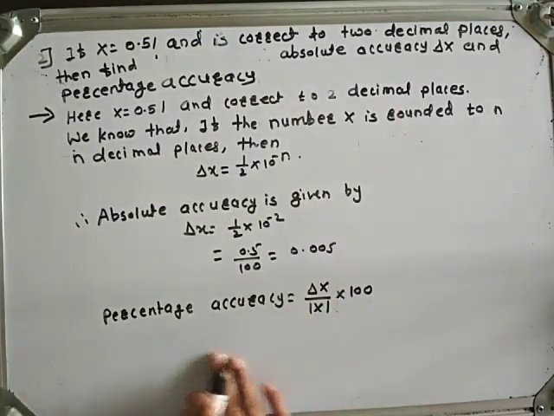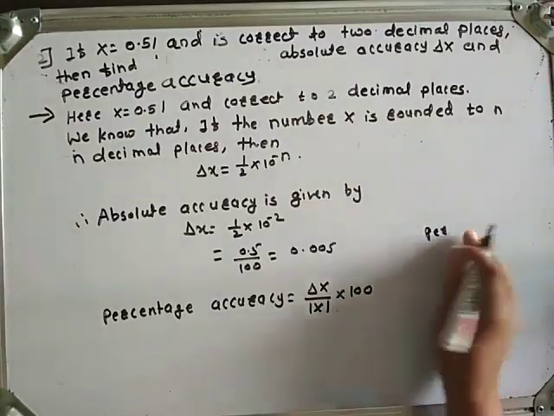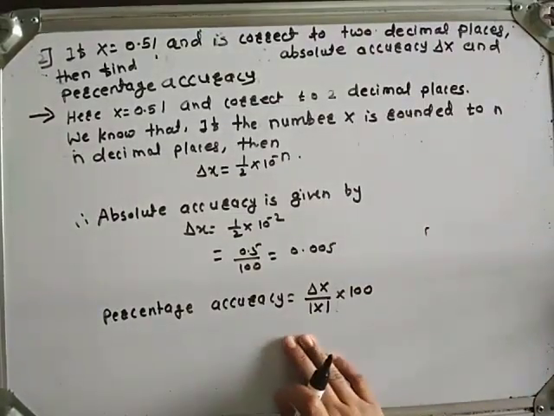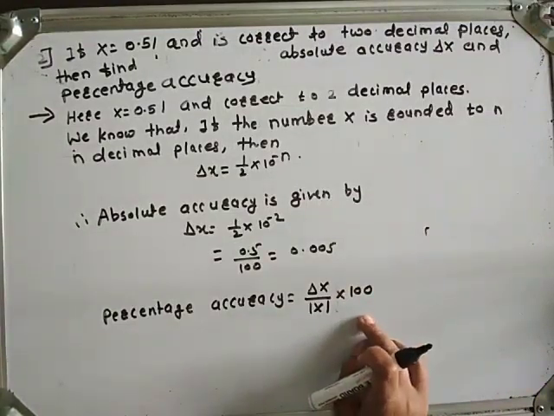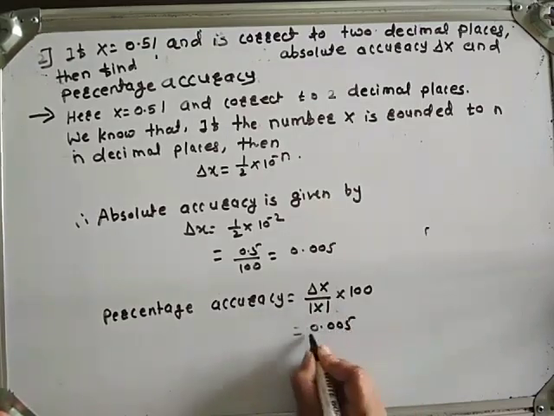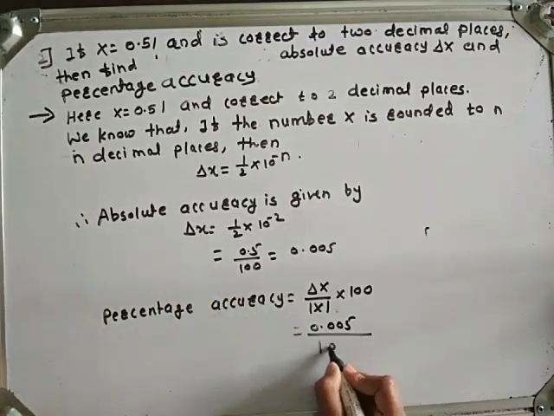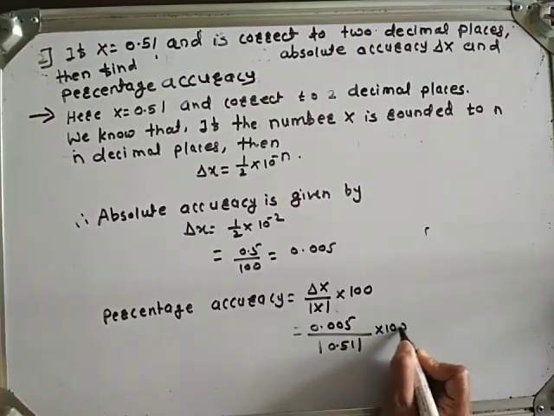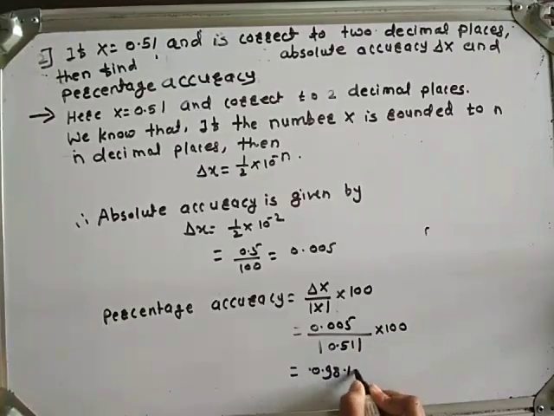In the remark, we have written the formula for percentage error. What is the value of delta x? 0.05 upon mod x. Mod x means mod of 0.51 into 100. After calculating, we get 0.98%.